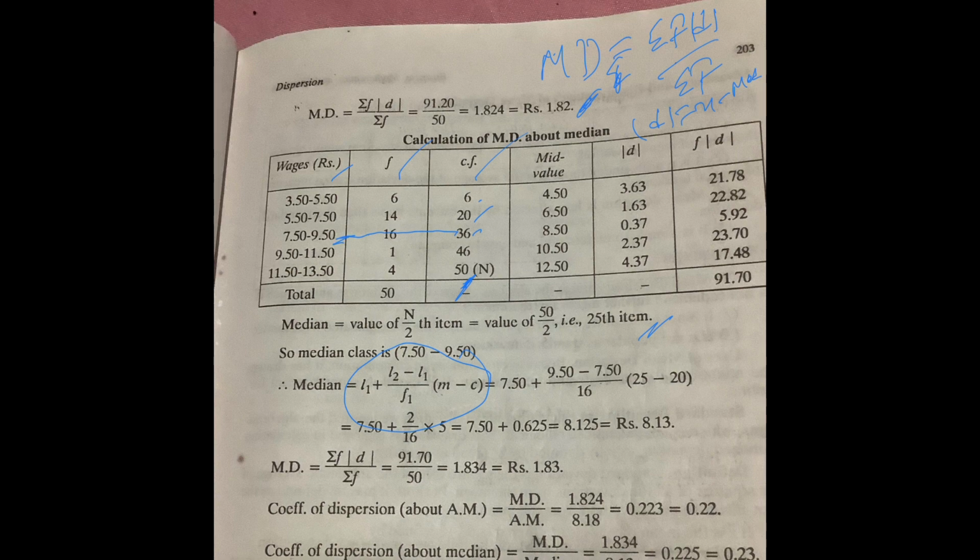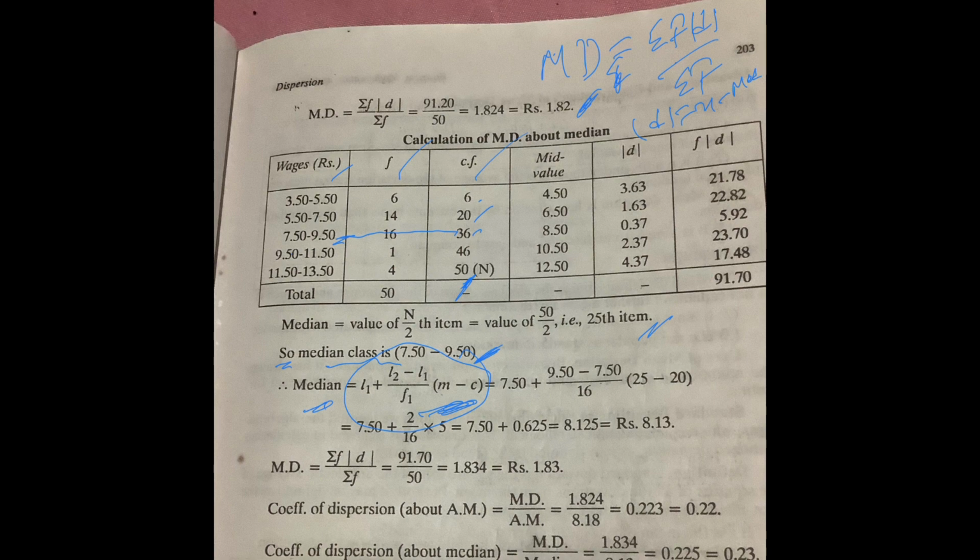So they have written, the median class is 7.50 to 9.50. Now you require to find median is equal to L1 plus (L2 minus L1) divided by F1 into (M minus C). You all know the formula. For this, again you need to convert this into mid value.